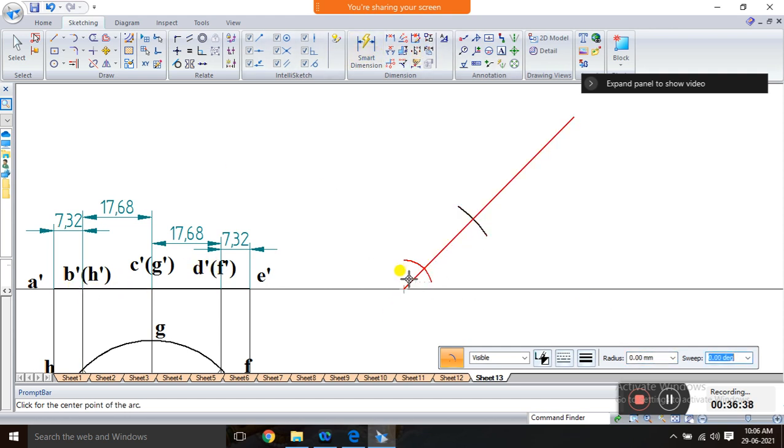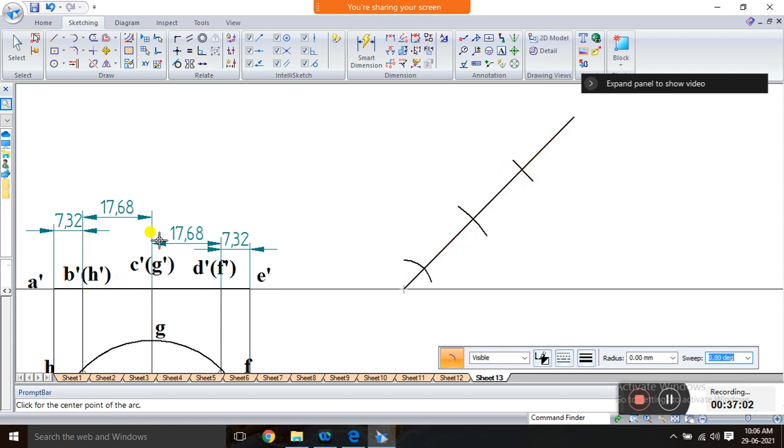Similarly go for same thing, place it on A dash and stretch up to D dash, or else place it on C dash and stretch up to D dash. Whichever is convenient you can go with, and you have to add all the three, 17.68 plus 17.68, like this you have to add.